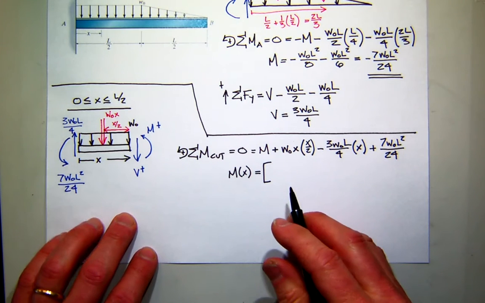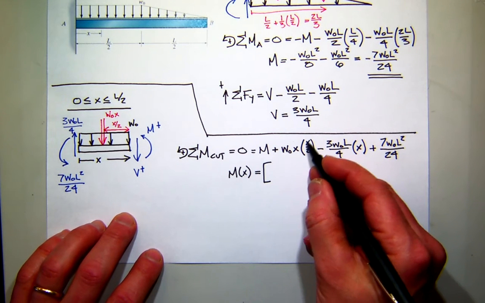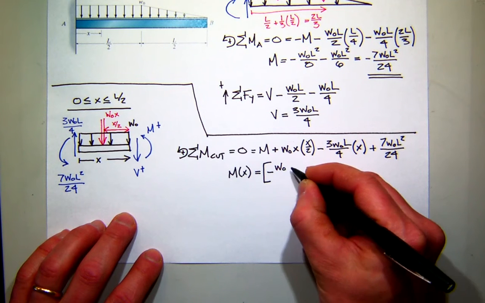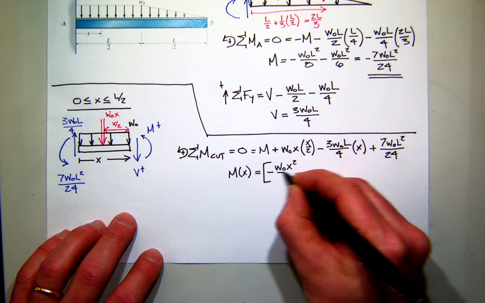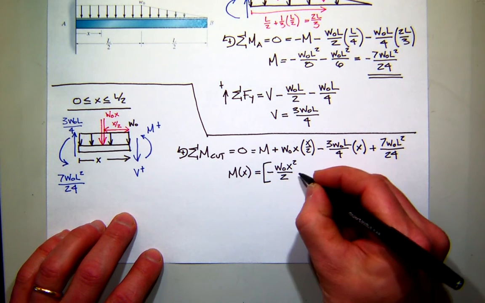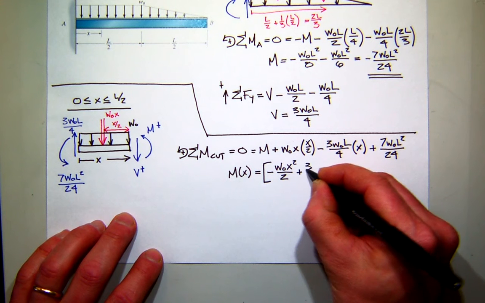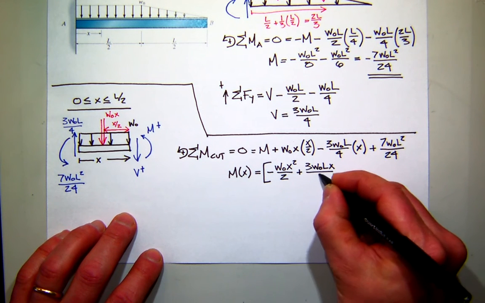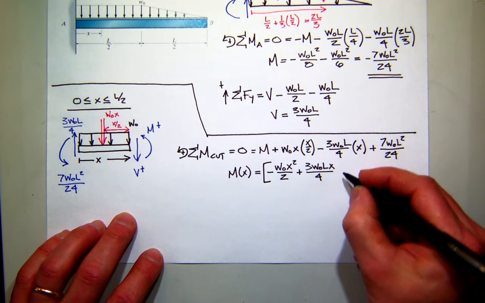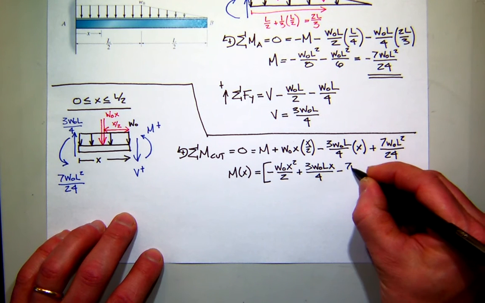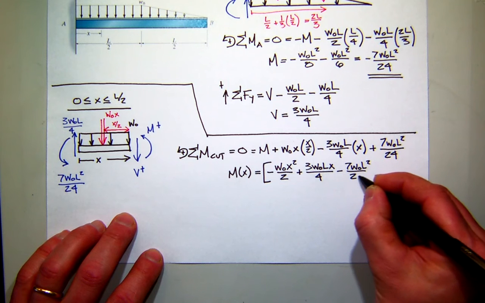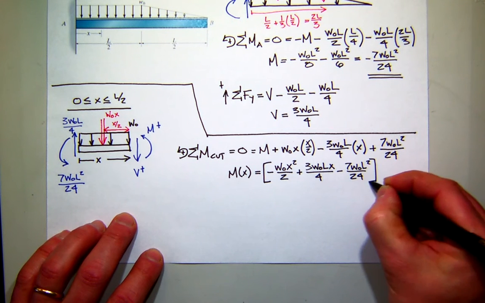So let's see, I'll try to find the largest term first. Here's an x squared term. So I'll say that's going to be negative W naught x squared over 2 plus 3 W naught LX over 4 minus 7 W naught L squared over 24.